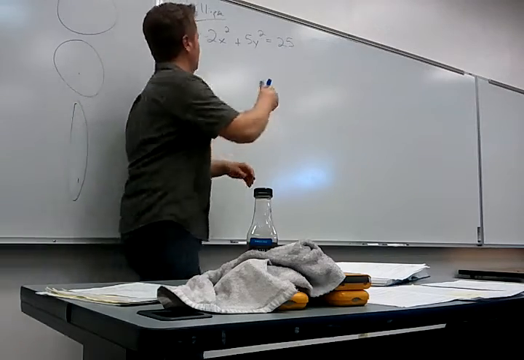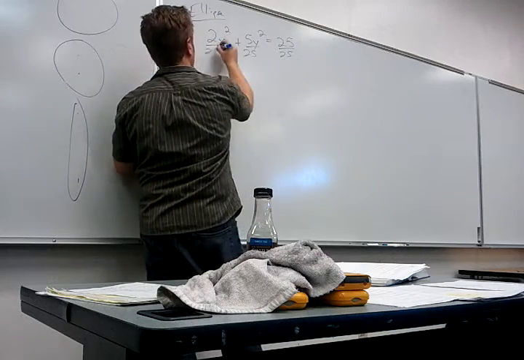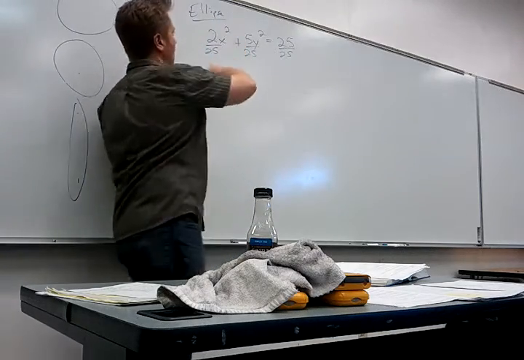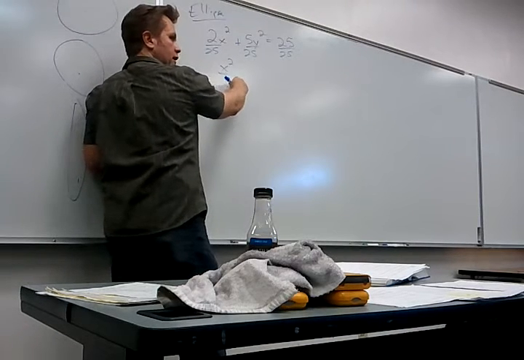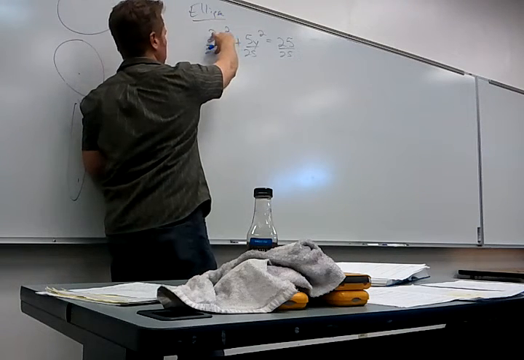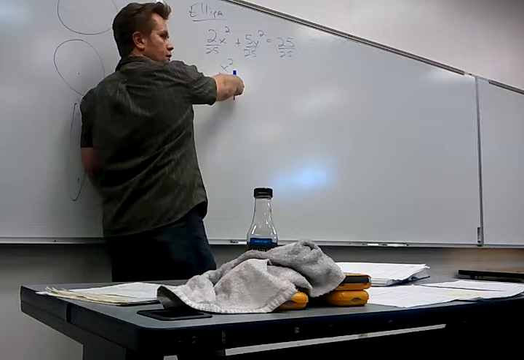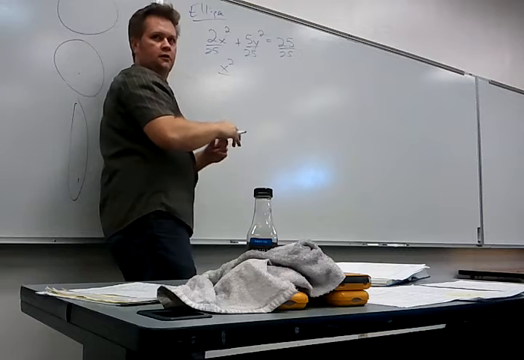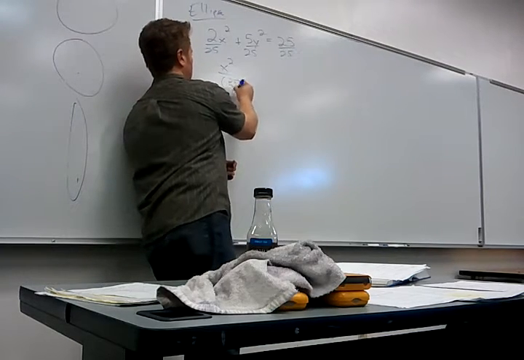Good. So the first step, get a 1 there. Now I need to write this as x squared over something so I can see what a squared is. If this is 2/25, if I want to force it down, it's going to become 25 halves.